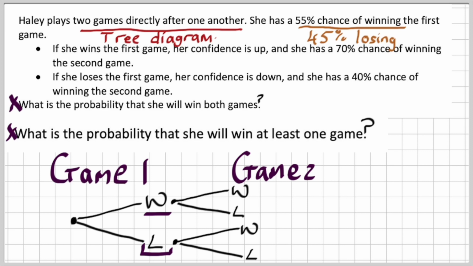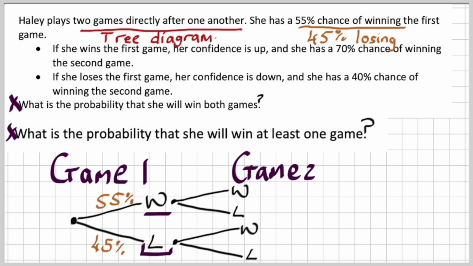So just winning or losing. We call this again the complement, meaning that those two are the only options, and therefore their probabilities must add up to 100%. So on the tree diagram, I'm going to put 55% and 45% there.